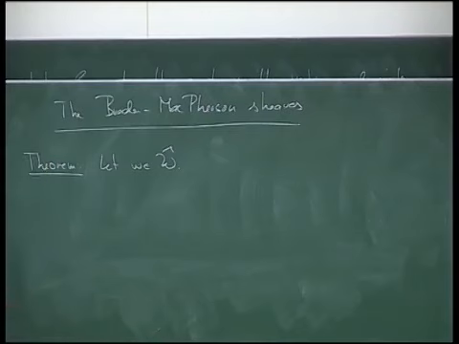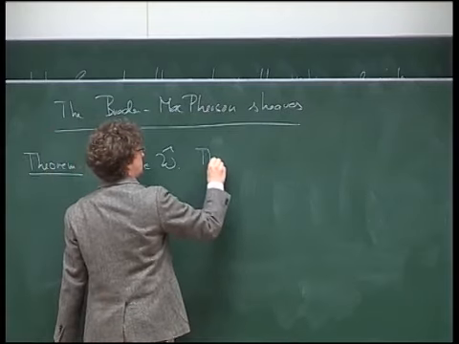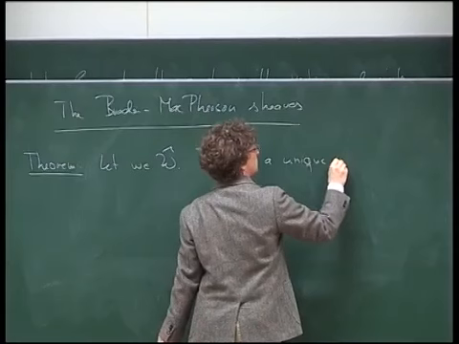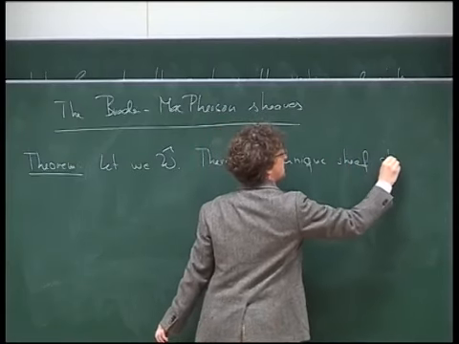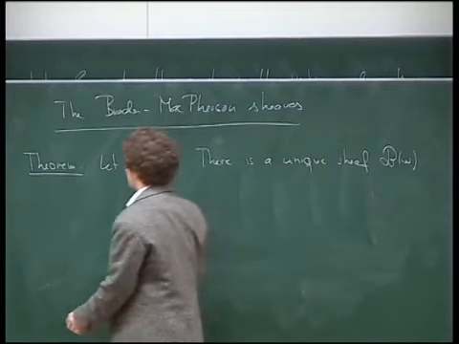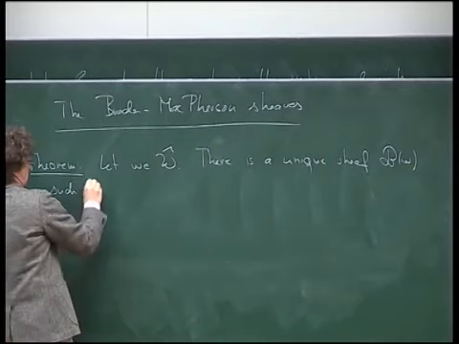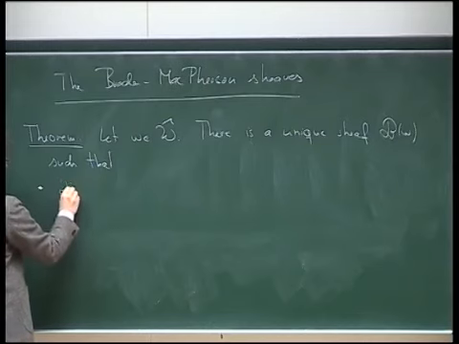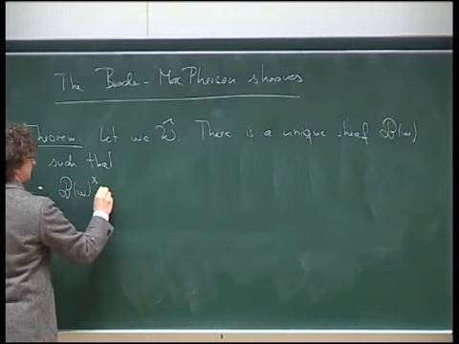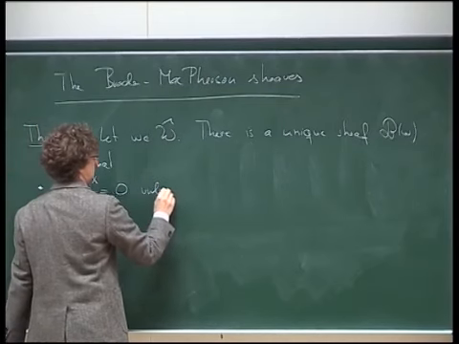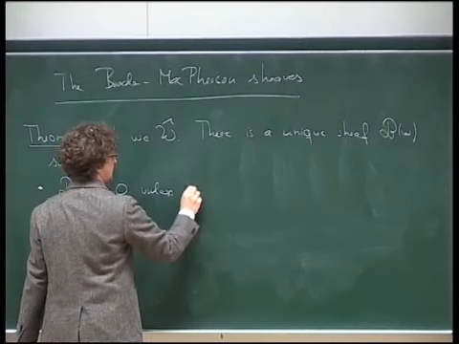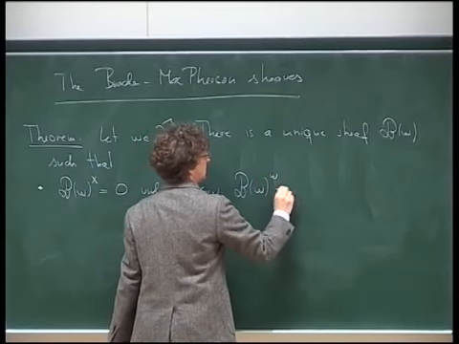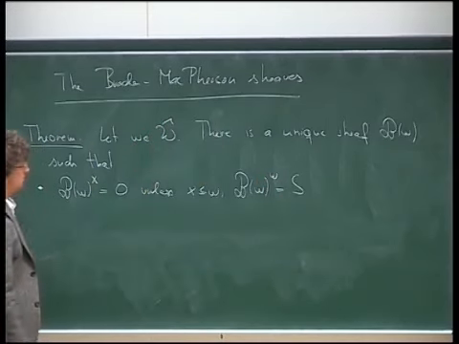So we choose W and W hat, and then there is a unique sheaf up to isomorphism, BW, such that the following holds. First, BW x is 0 unless x is smaller or equal to W, and BW W is the symmetric algebra.